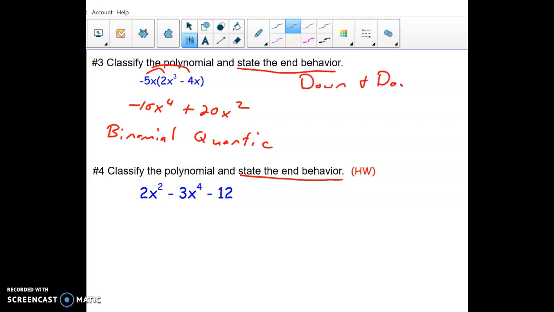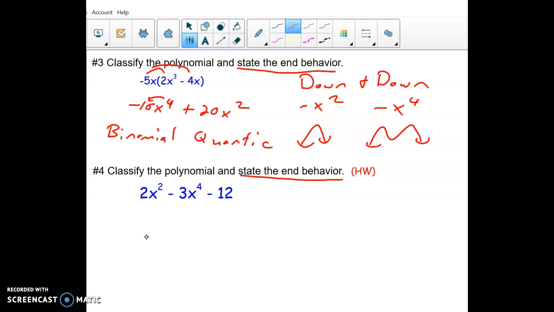And again, you can graph that on your calculator, or I know this one's down and down because when the highest exponent is even, 4, and it's negative in front, it's down and down. So like negative x squared looks like this, and then negative x to the fourth is still down and down. It's just a little more squiggly. So the end behavior there, down and down.